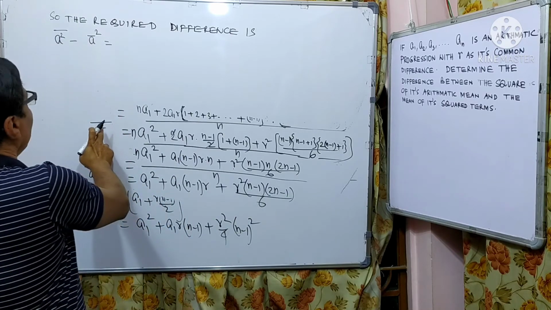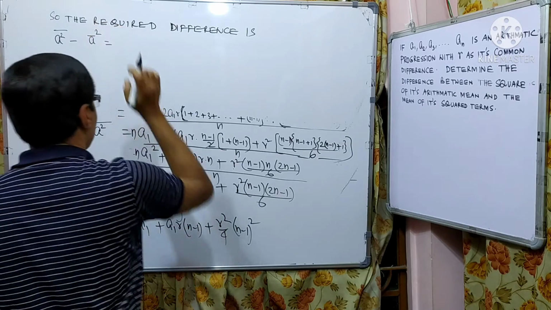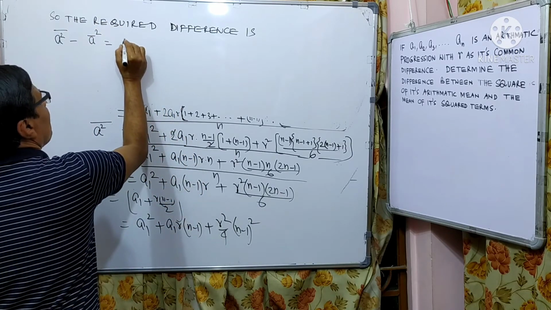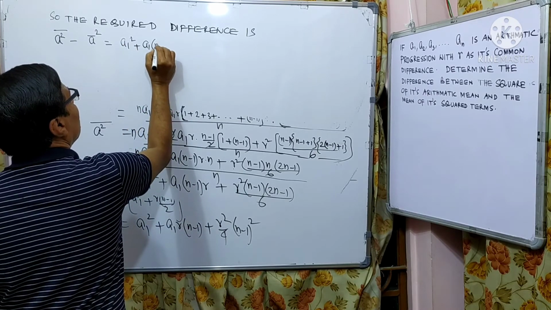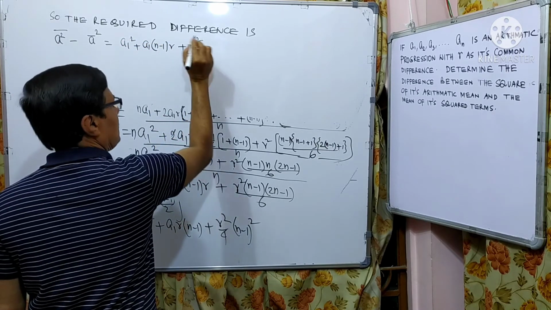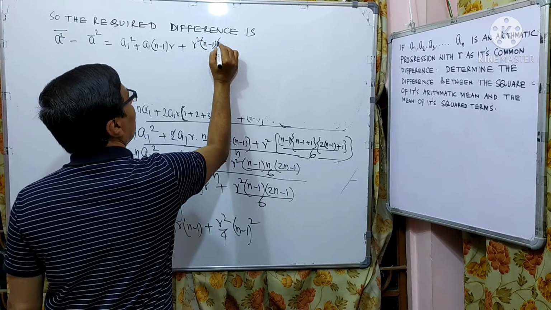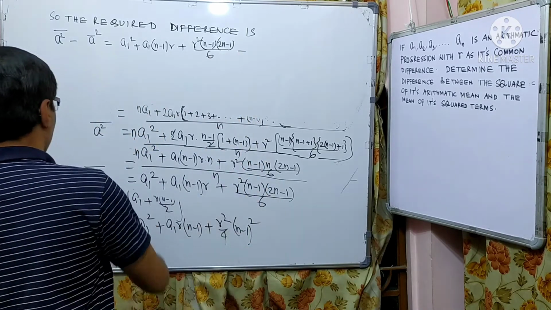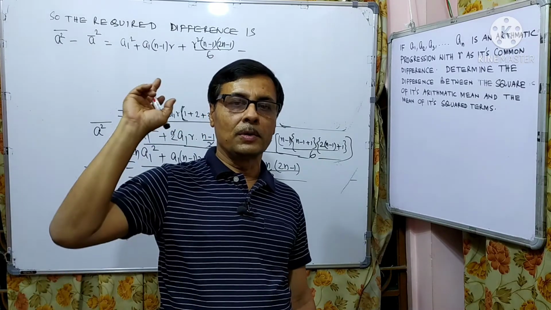So the difference is this: a square bar is got as a1 square plus a1 into n minus 1 into r plus r square into n minus 1 into 2n minus 1 over 6, minus the square of the mean of the arithmetic progression.